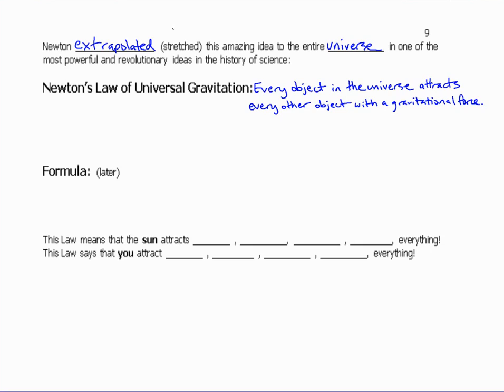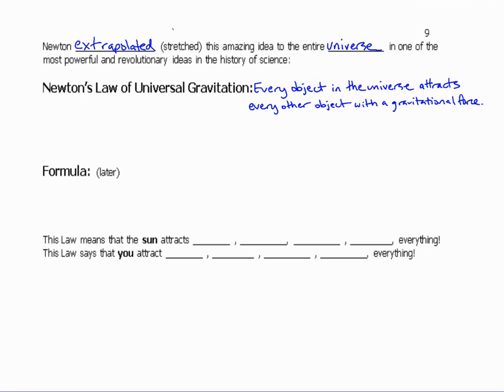Newton's law of universal gravitation says every object in the universe attracts every other object with a gravitational force. There's a formula, we're going to come back to it later.